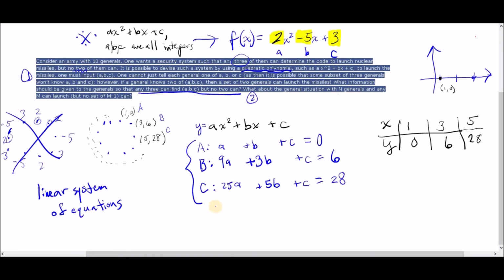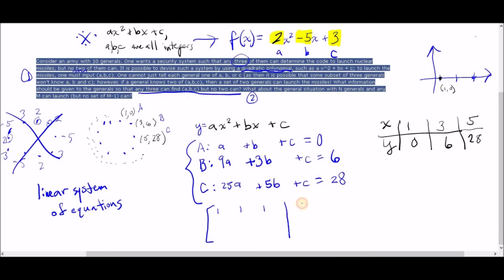I'm going to create what's called a matrix. It sounds very ominous. To solve for A, B, and C, I'm going to put the current coefficients for my missing values into the matrix. So I have 1, 1, 1 for A, B, and C, equal to 0. On the far right I'm going to have a line.